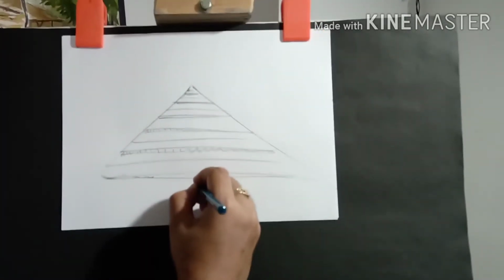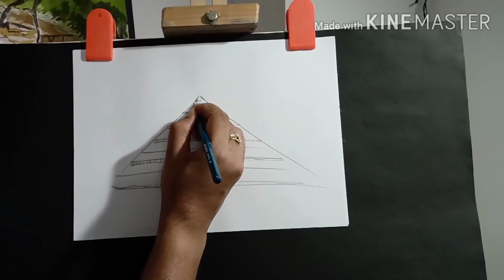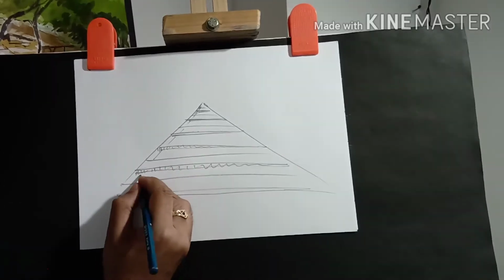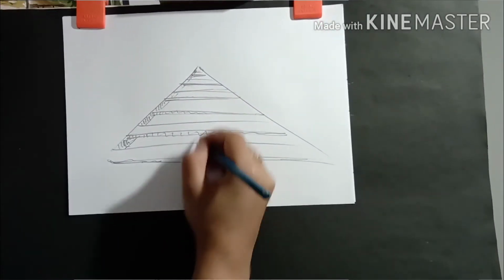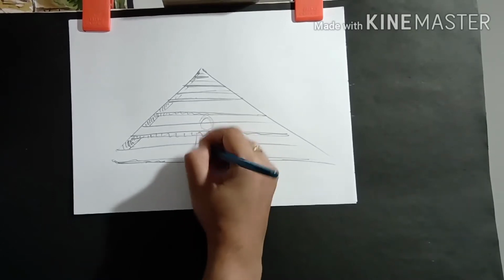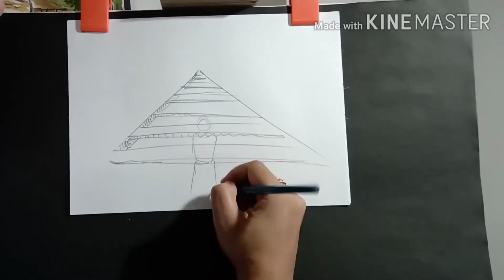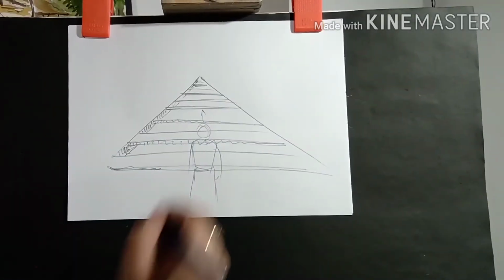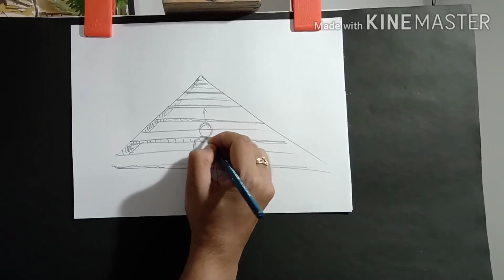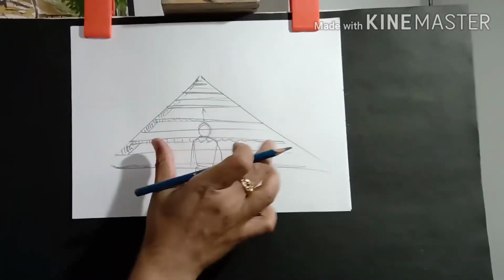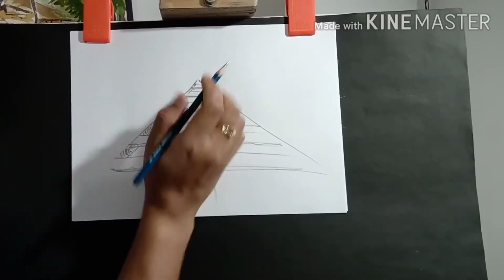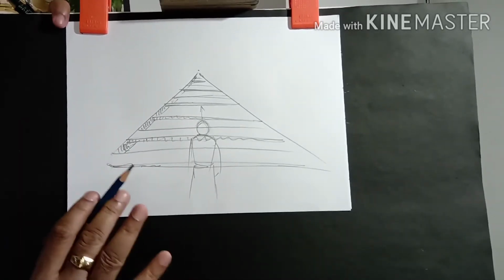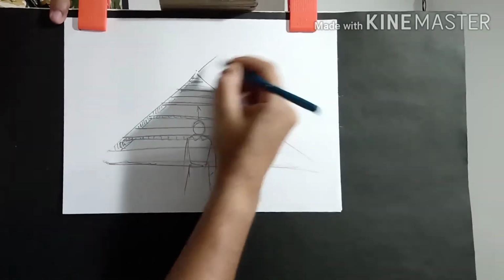But if we follow this track from the center, from the middle, if I am standing here in the middle and I look straight, I can feel that at some point these two lines are meeting, but practically it cannot happen. Okay, it is impossible.